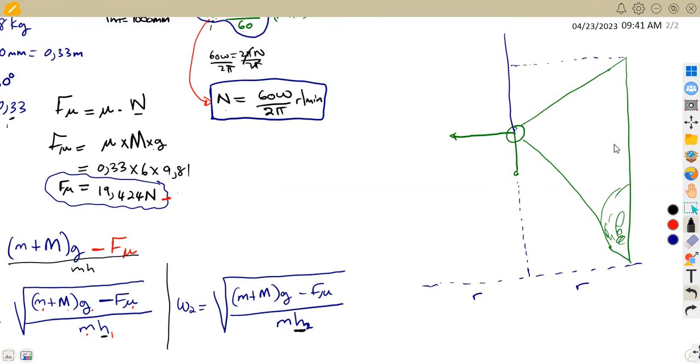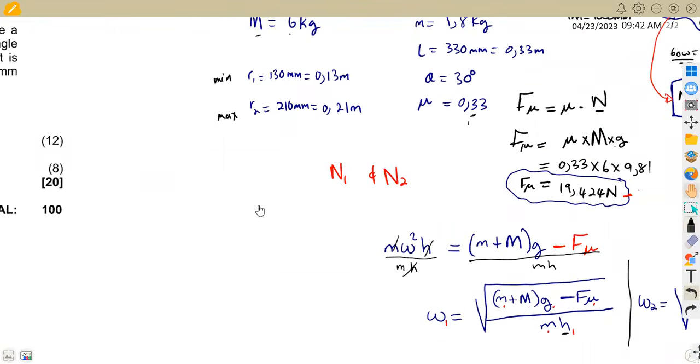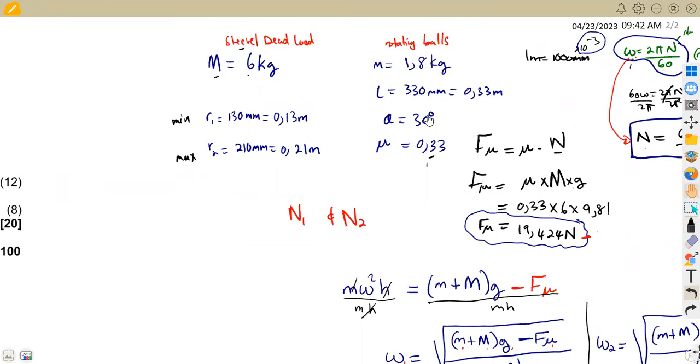So in this case, we are given two radii, the minimum radius and the maximum, which is R2. So we are given these values, R1 and R2, which means we can work with the radius 1 and the length of the sleeve. This is your sleeve here, and we are given the angle here, that there's an angle of what? Of 30 degrees. The length of the arms, which is 0.33 meters.